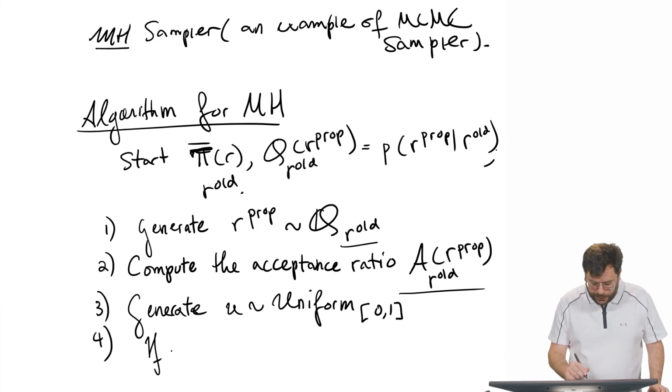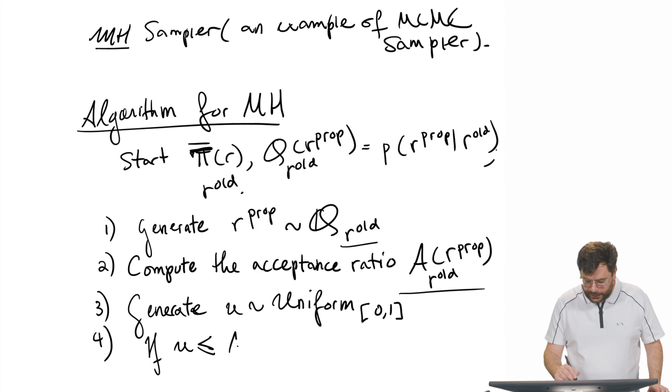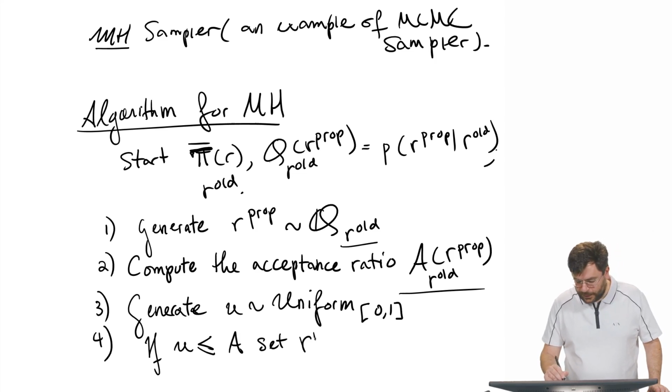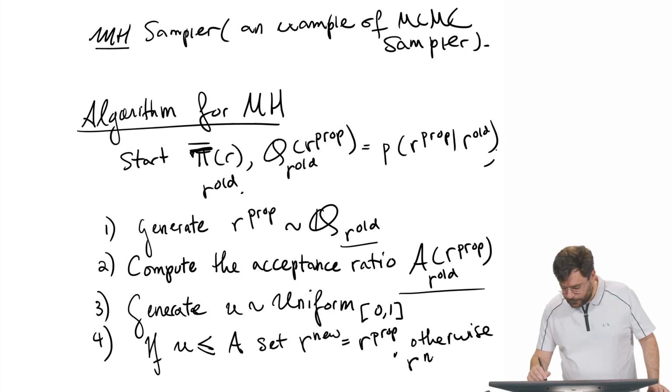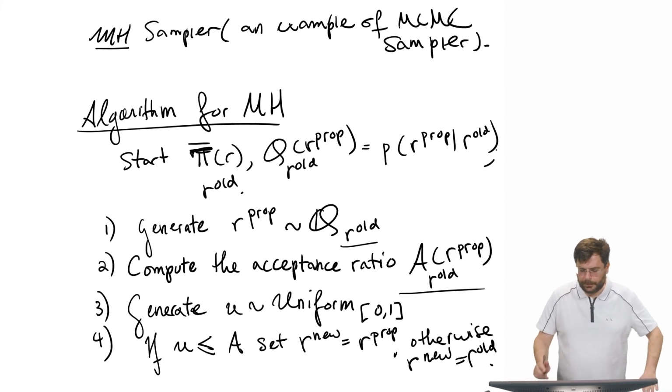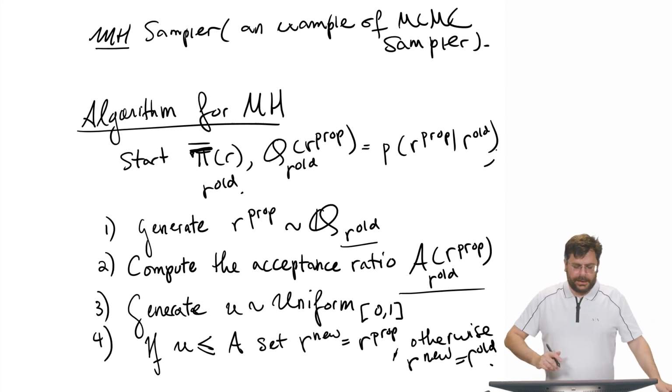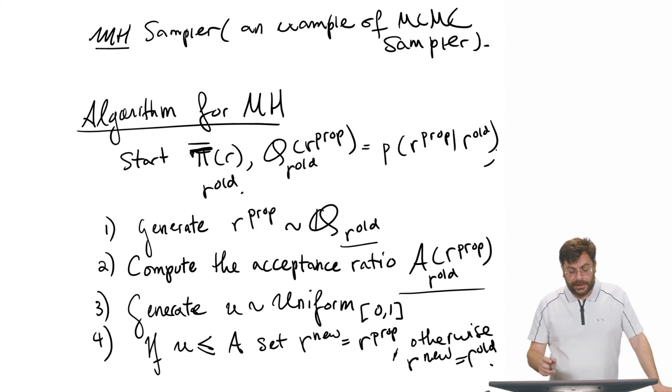And now if U is less than or equal to A, then set r new equal to r proposed. And otherwise, r new equals r old.